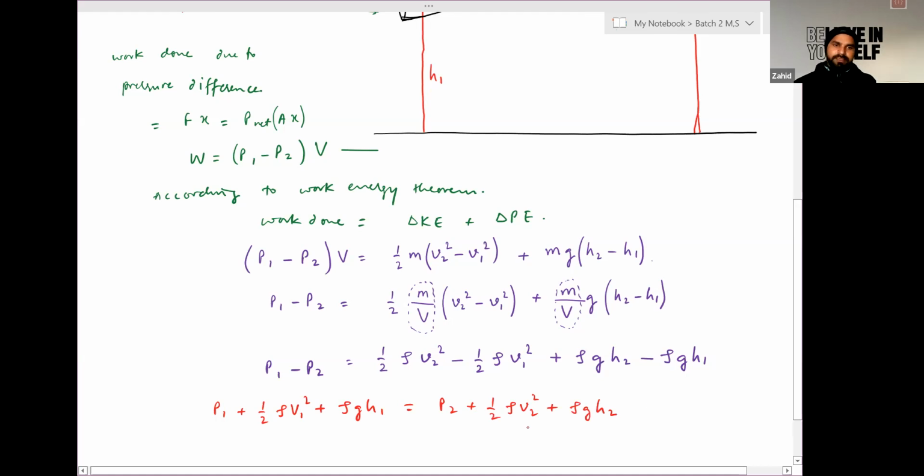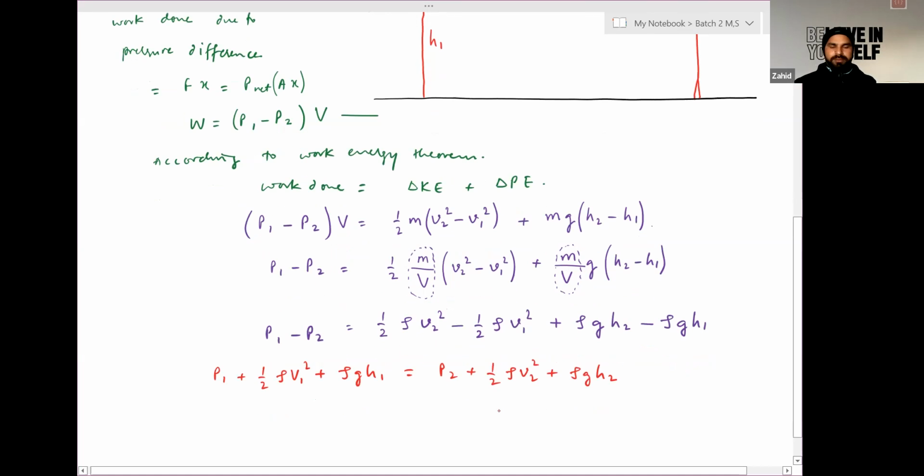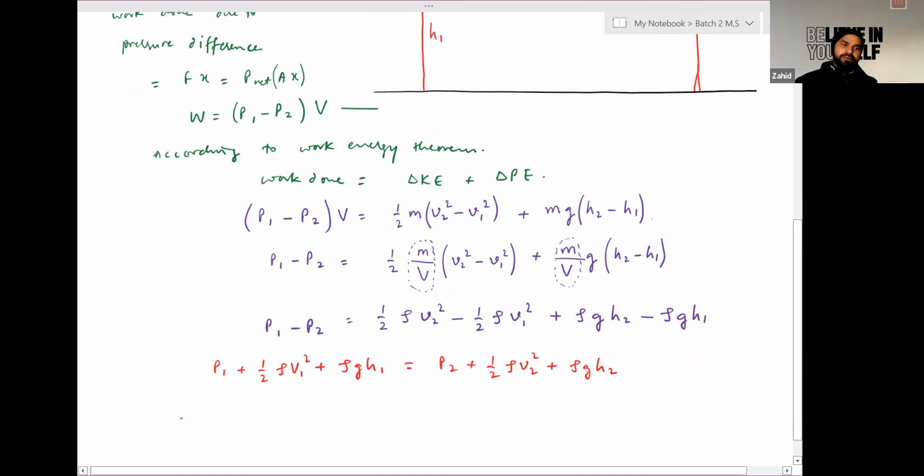On both sides, we have the same quantity; there is only a change in subscript. Therefore, we can write that P plus half rho v square plus rho gh at any instant for the flow of liquid is constant.